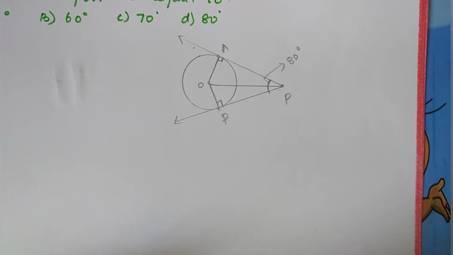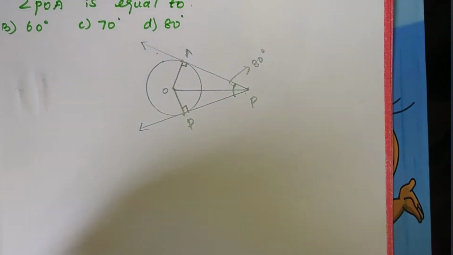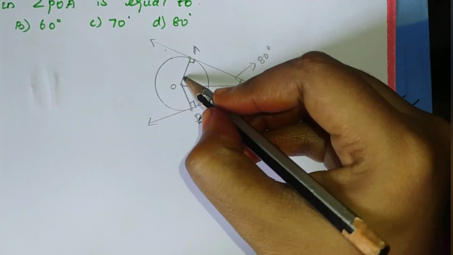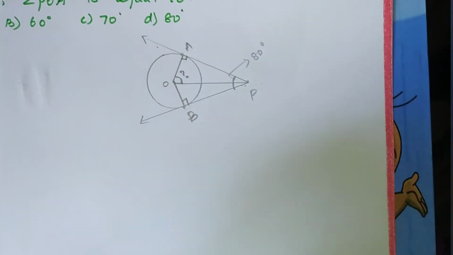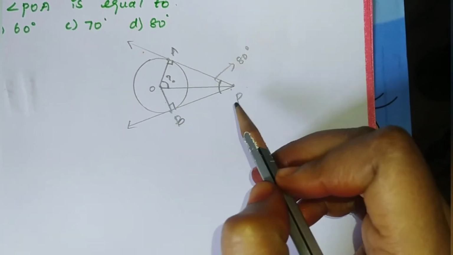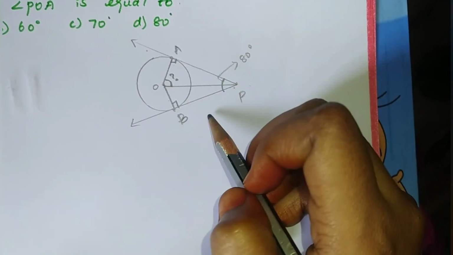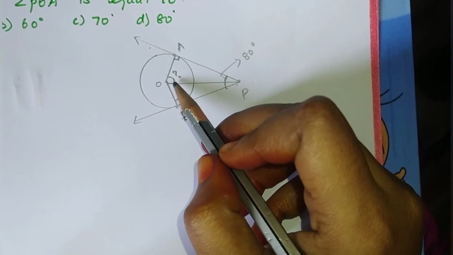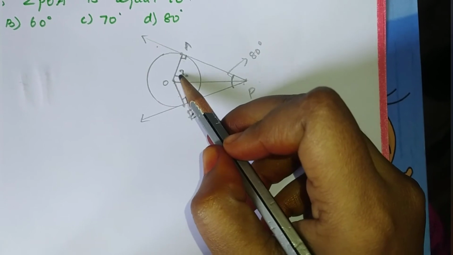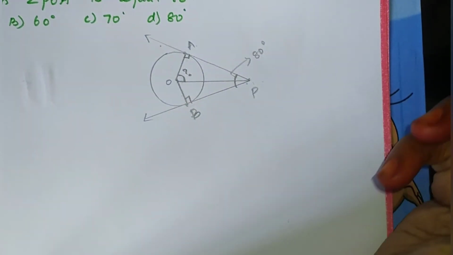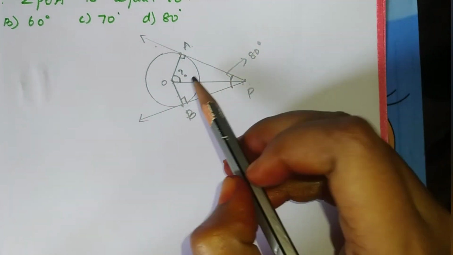Now what you have to find is angle POA, not the full angle. If you want to find the full angle, you can apply the sum of the angles of a quadrilateral. But here we have to find only this half, POA.